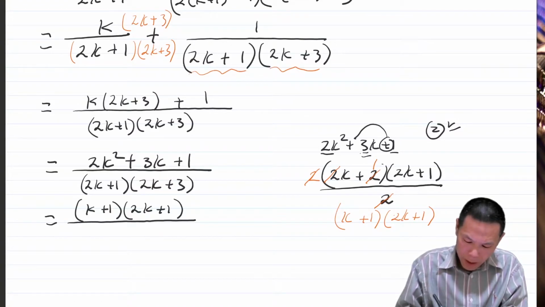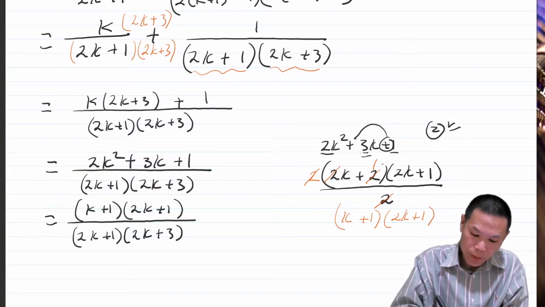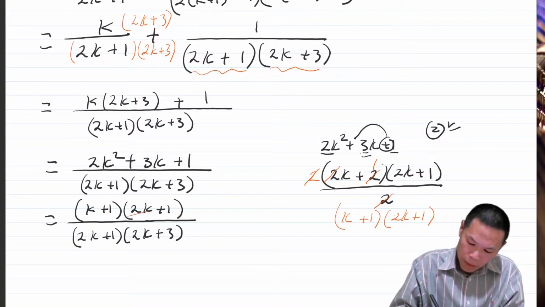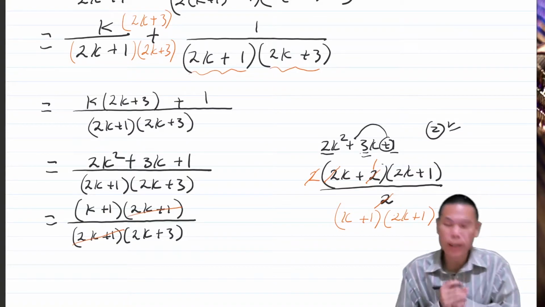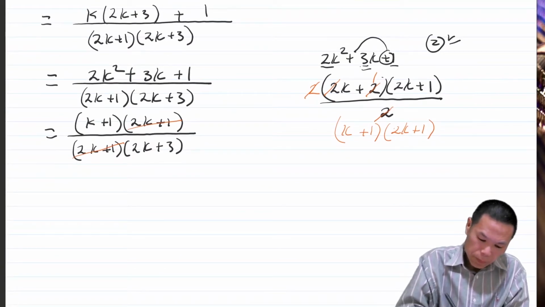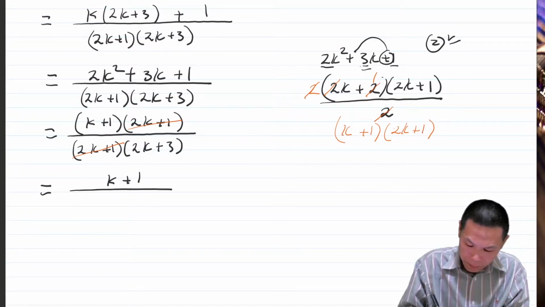And the bottom here is 2k plus 1 and 2k plus 3. Then I can simplify by 2k plus 1 here and 2k plus 1. I can cancel it out. So the answer is equal to k plus 1, 2k plus 3.